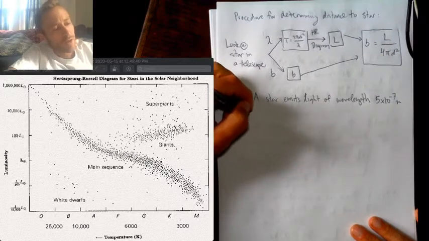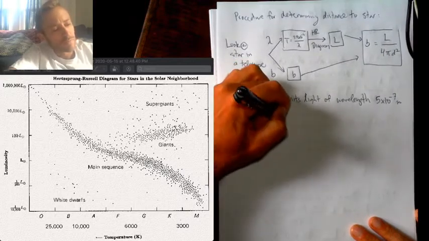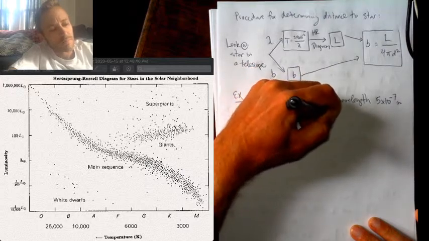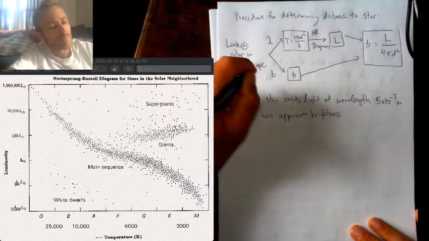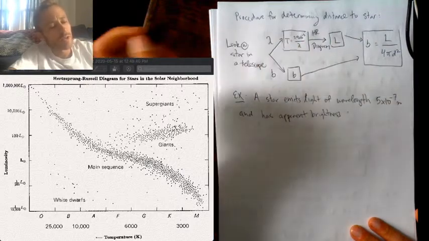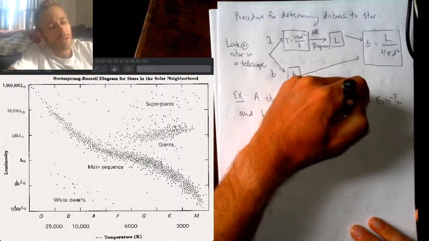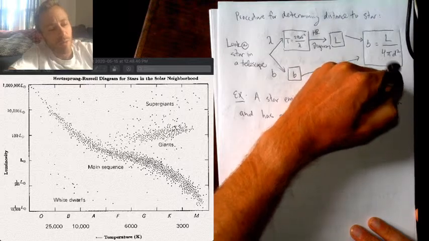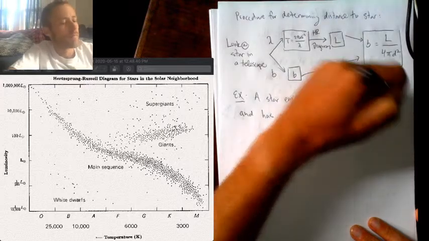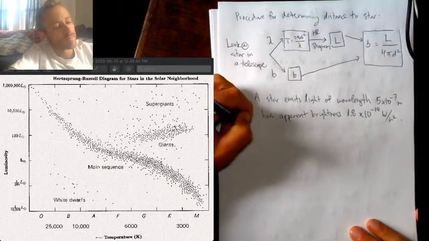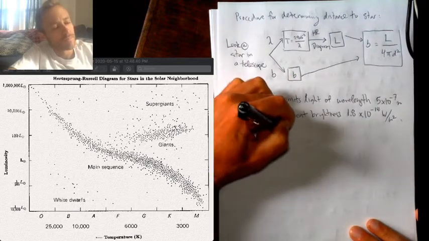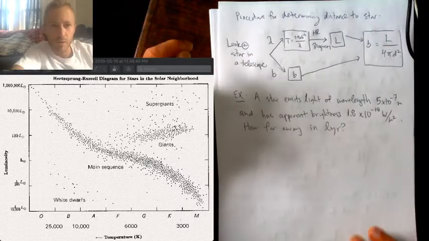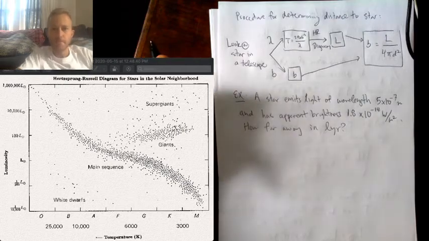And has apparent brightness, let's say, 1.8 times 10 to the minus 18 watts per meter squared. How far away is it in light years? How far away is this star?